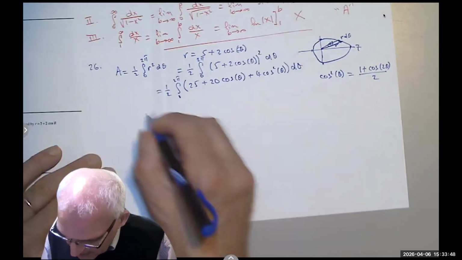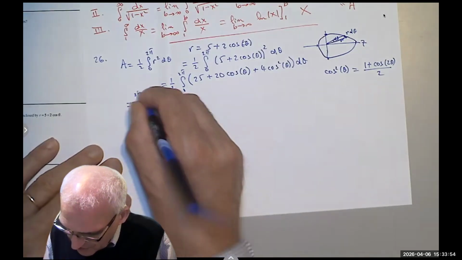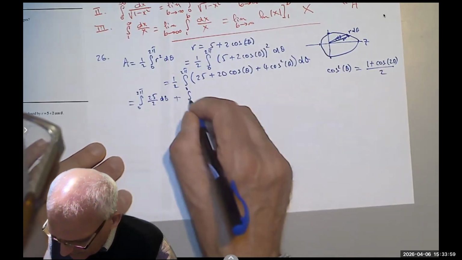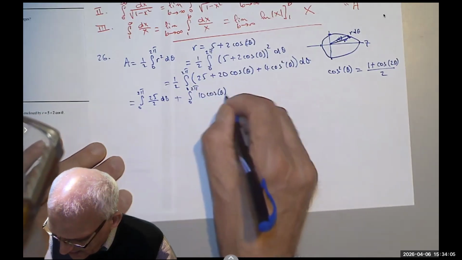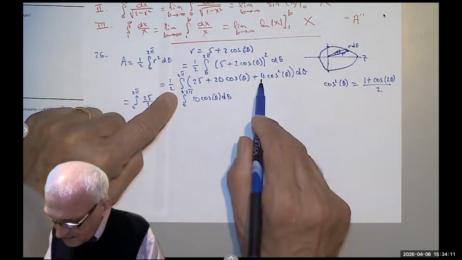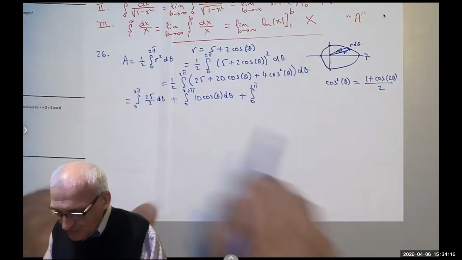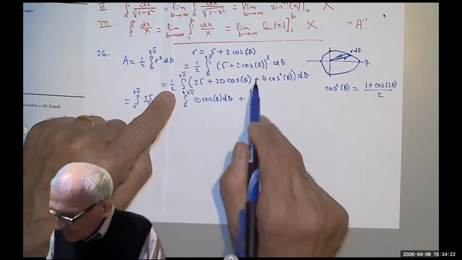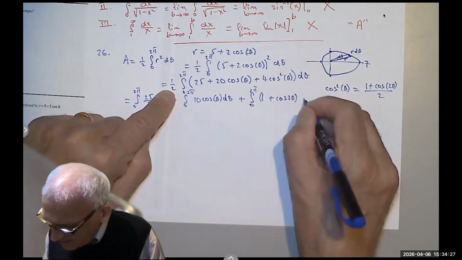So you can say the integral, 25 over 2 d theta plus the integral from 0 to 2 pi of 10 cos theta d theta, and 1/2 times 4 over 2... notice what we have. 1/2 times 4 is 2. 2 times that is just 1 plus cos 2 theta d theta.